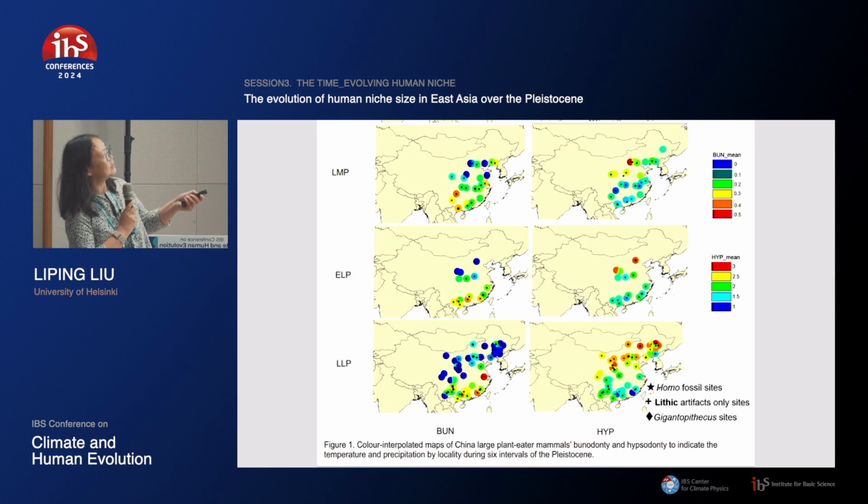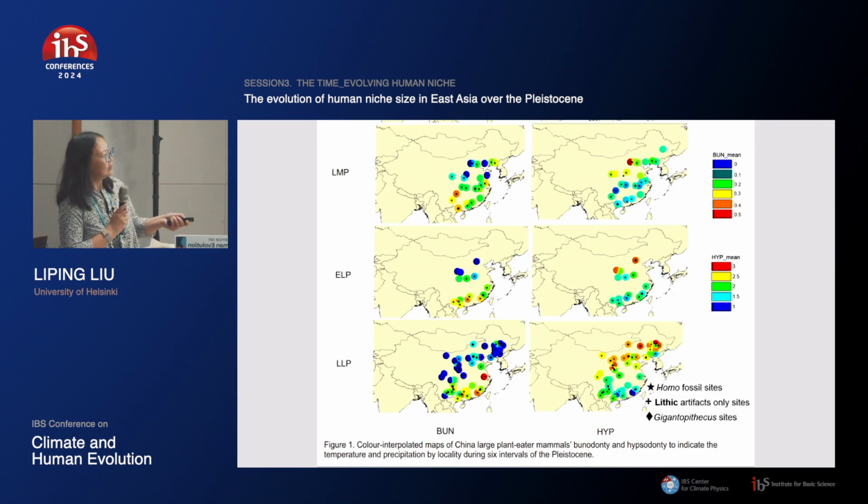But the values still show a relatively warm and relatively humid condition. When we get to the early late Pleistocene, it's a similar pattern as before, but from the late Pleistocene it changed dramatically. Humans are everywhere, dispersed over the whole area. Even in the very dry and very cold places, there are human fossils.